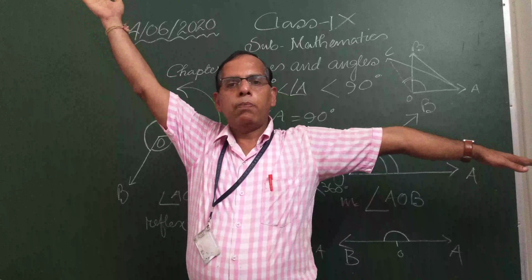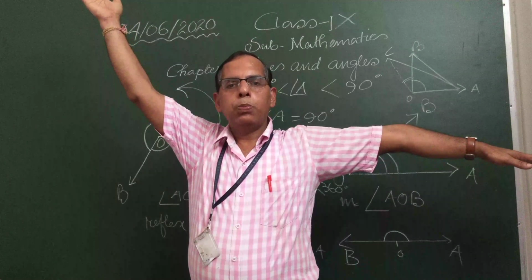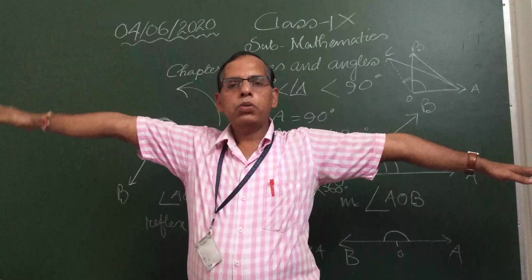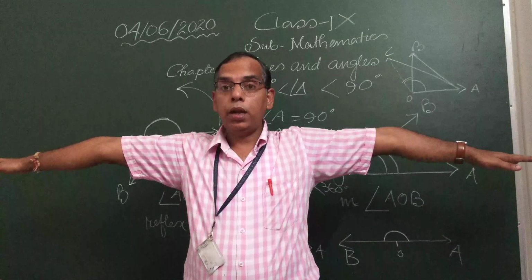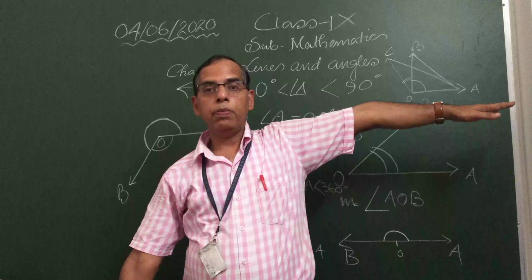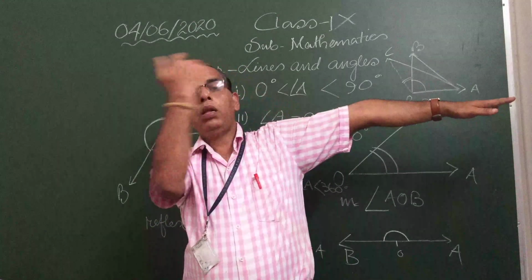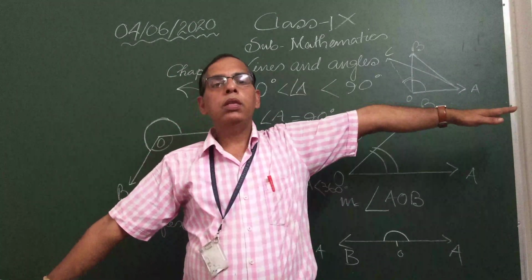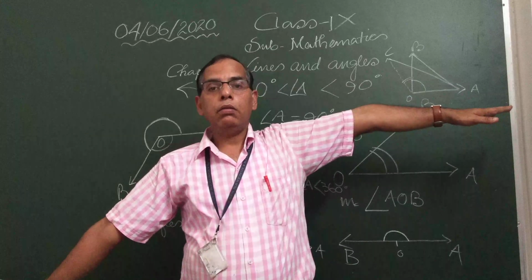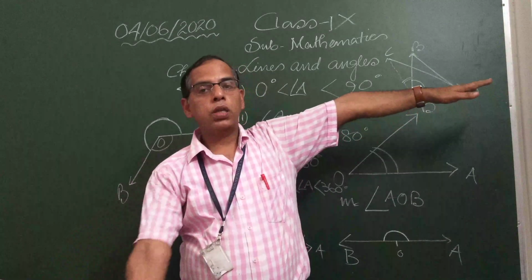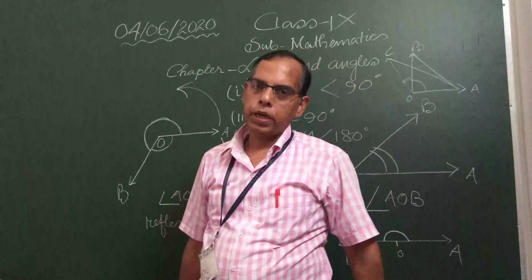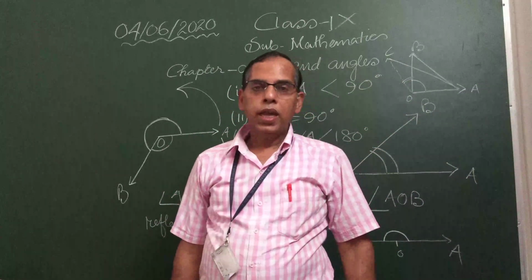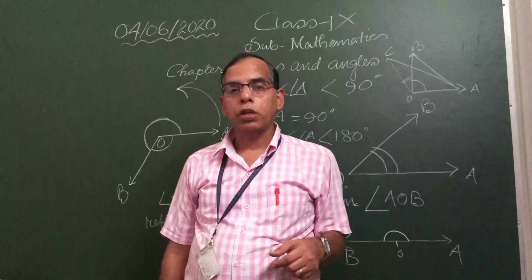If I put this way, then it is obtuse angle. If I put this way, then it is straight angle. If I put down this one, then this is again obtuse angle. And if I rotate this one and join these, then this will be complete angle. Got it?